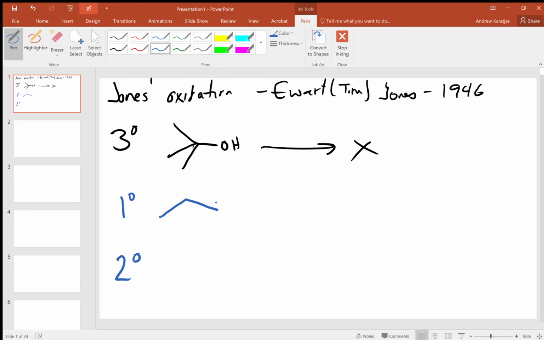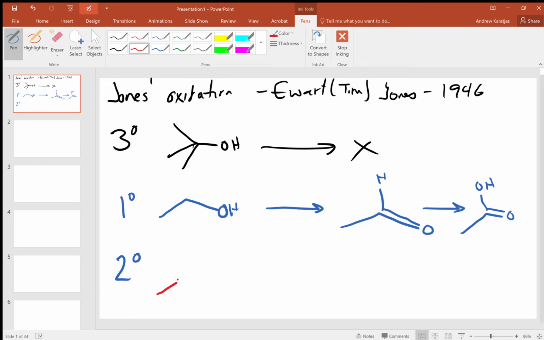So in the case of a primary alcohol, it gets oxidized first to the aldehyde, but that oxidation doesn't stop there. It gets oxidized further to the carboxylic acid. However, a secondary alcohol gets oxidized only once and forms the ketone.